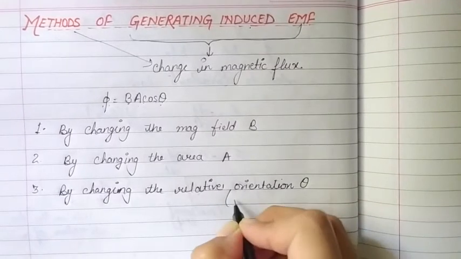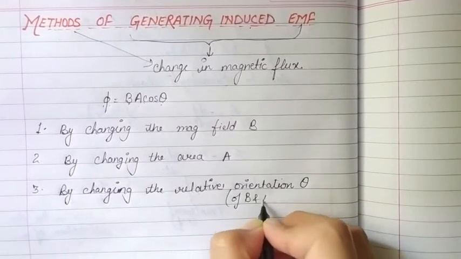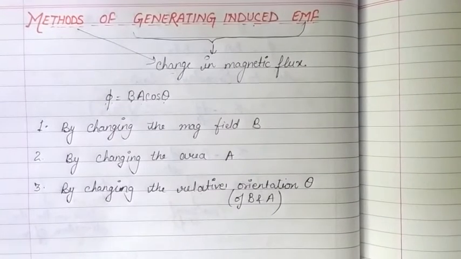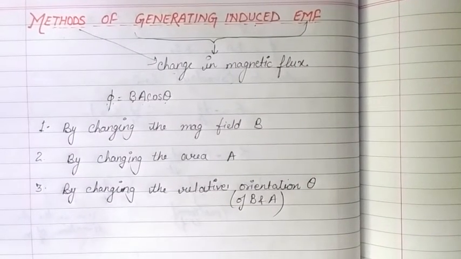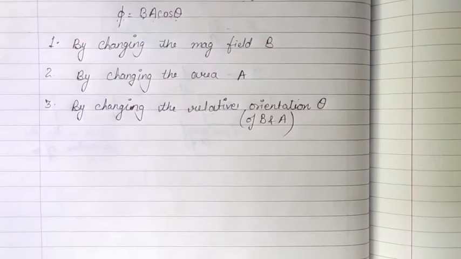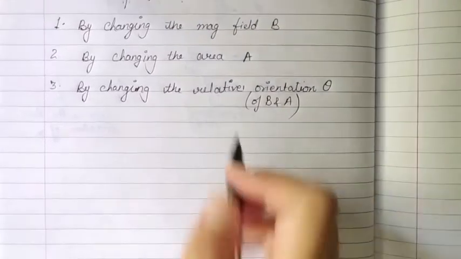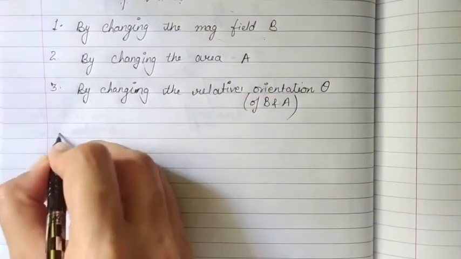Now this relative orientation is of B and A. By changing any one of these, we can change magnetic flux and get induced EMF. Now I'm talking about the first method, that is based on the magnetic field B.